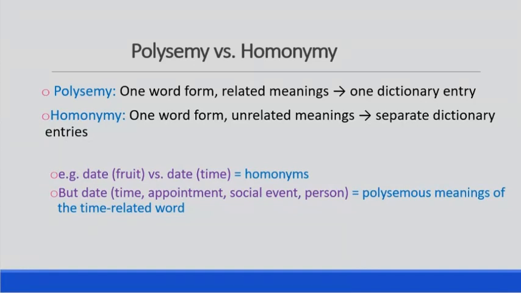So date meaning a type of fruit versus date referring to time are homonyms. And date referring to time, appointment, a social event or a person is the polysemous meaning of the time-related word.